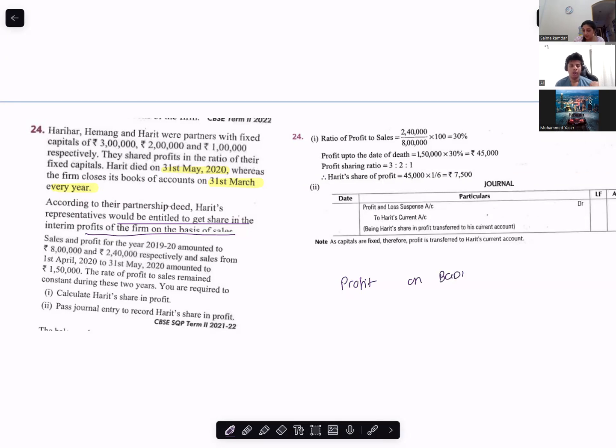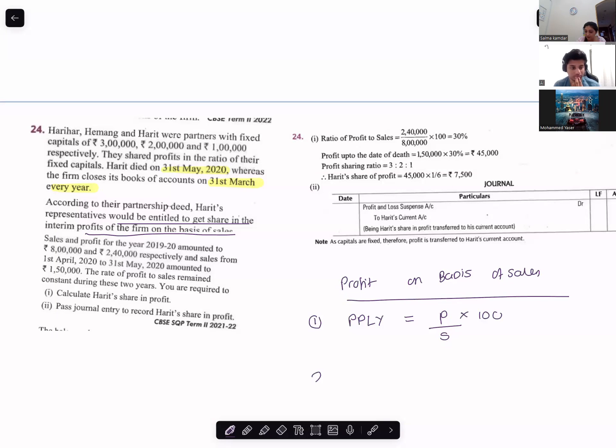So if I have to calculate profit on the basis of sales, what is the first thing I have to find out? The profit percentage of last year. How do you get that? It is last year's profit, 2 lakh, divided by sales, into 100.